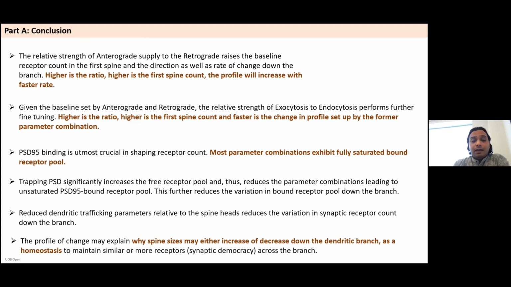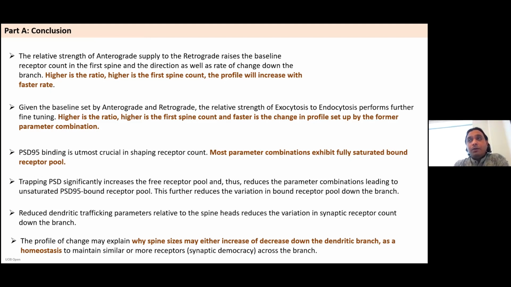As I showed, PSD95 for most of the combinations is crucially shaping the receptor count, and most parameter combinations exhibit a fully saturated bound receptor pool. Trapping PSD significantly increases the free receptor pool and reduces the variation in the bound receptor pool down the branch. We have also studied one effect that is empirically observed in dendrites, that the parameters of the trafficking mechanisms in the dendrites are an order of magnitude less than the parameters in the spine head.